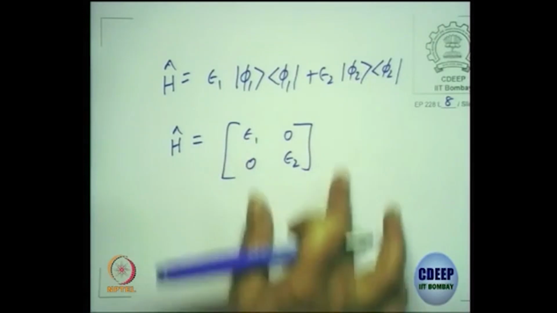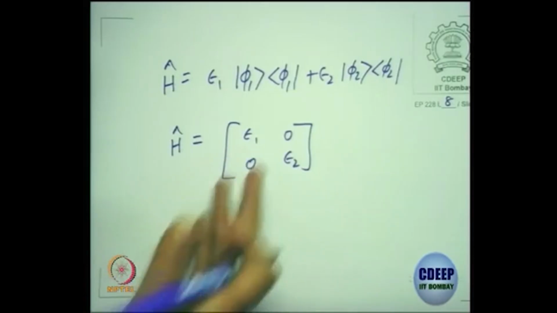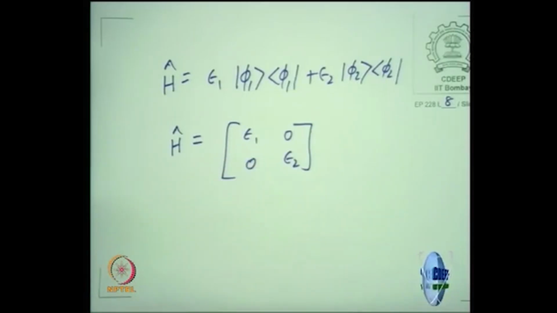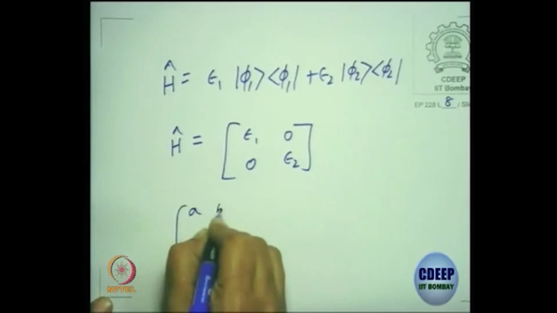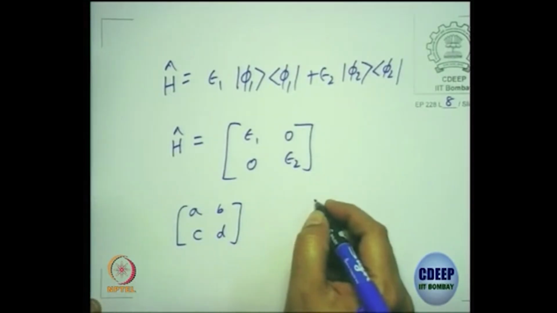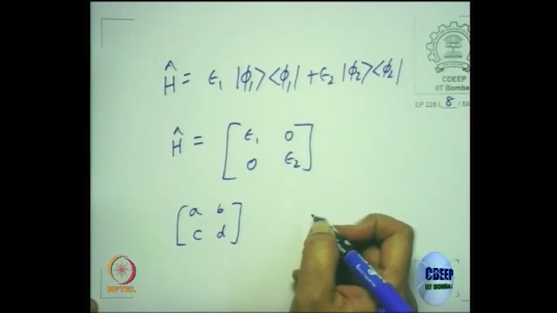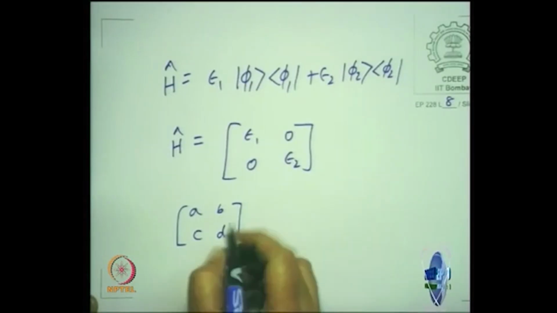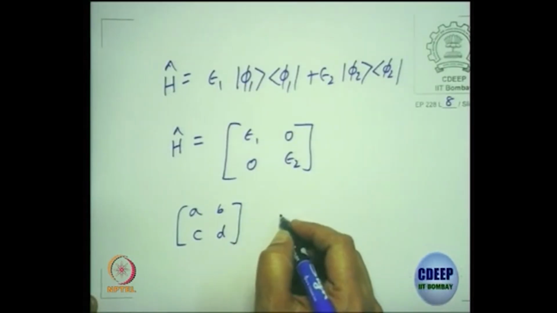But once you put it in this notation, finding the eigenvalues and eigenvectors, you have already done, right, in your math course. Any 2 by 2 matrix, if I give you A, B, C, D, how do you find the eigenvalues? So A minus lambda I, determinant of that equal to 0, you can find the eigenvalues from that, right.